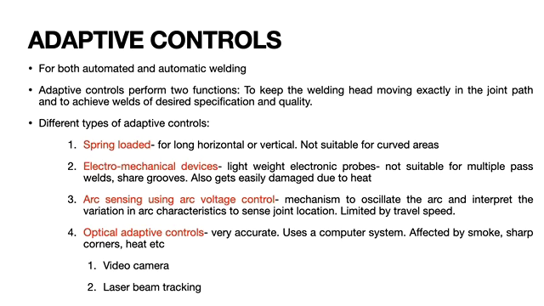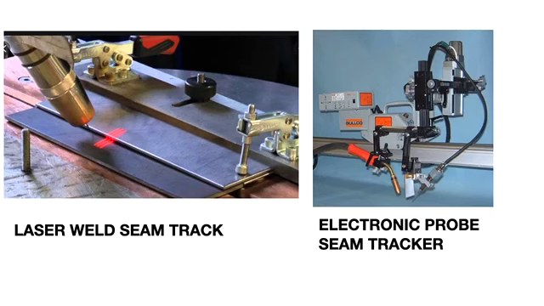This video camera will provide very accurate movement, but the problem is that it is affected by the smoke or the fumes produced during welding. To an extent, it is affected by the heat as well. Here we can see a laser assisted seam tracking. There will be a laser which has a slight offset.